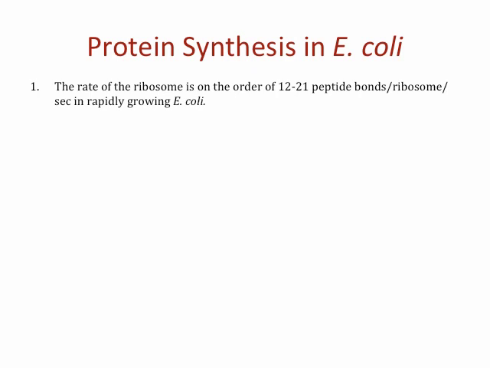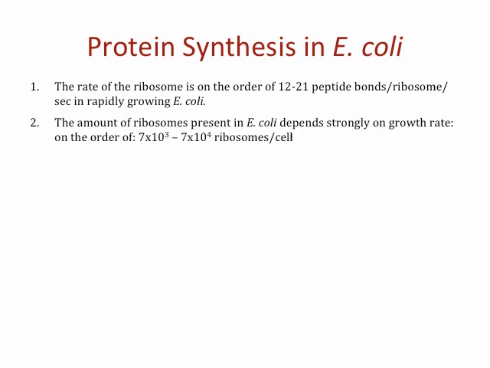Protein synthesis in E. coli: there is the rate of protein synthesis by each ribosome. Here is the number of ribosomes per cell, 7,000 to 70,000, heavily dependent on the growth rate.